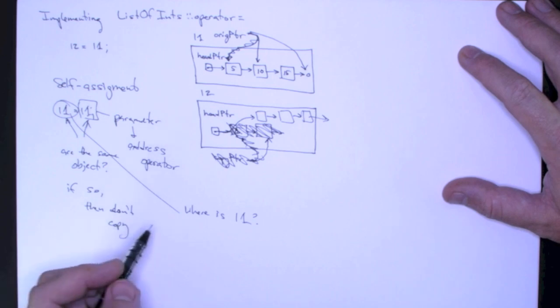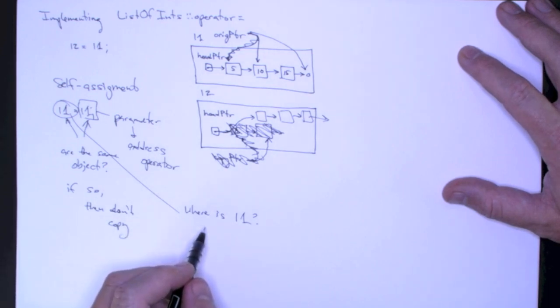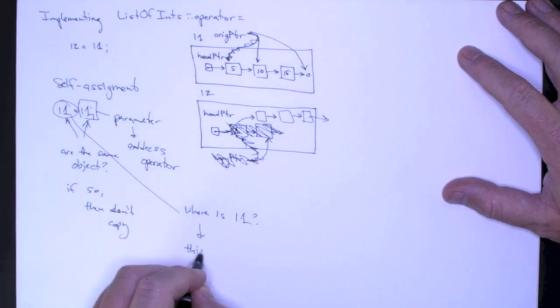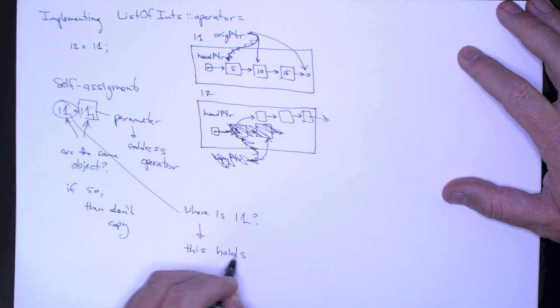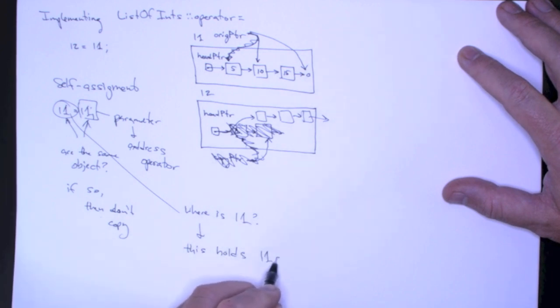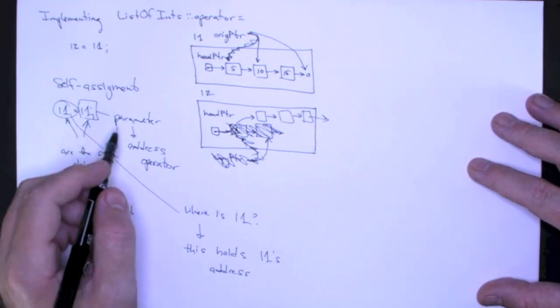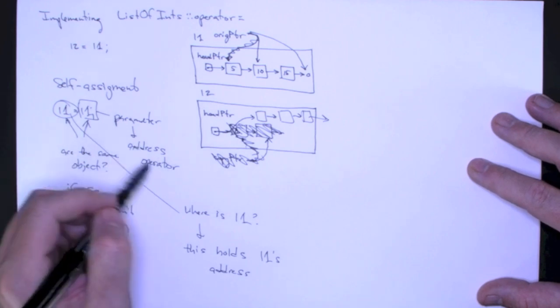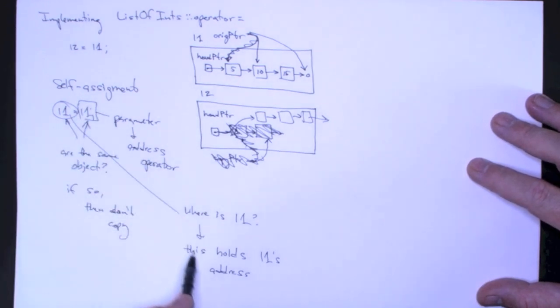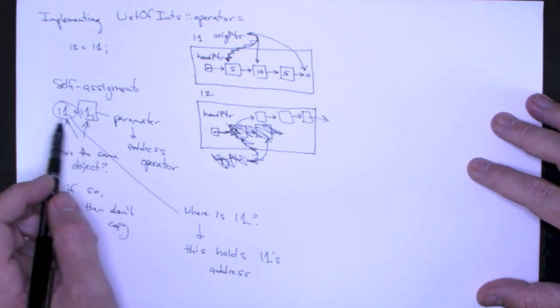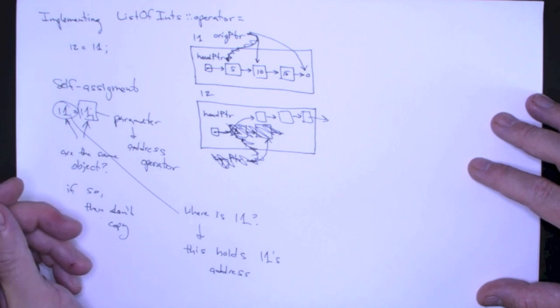So where is L1? How do we know where an object is in memory if we're in the scope of the class? Well, the this pointer. This is going to be a good use of the this pointer. We can compare the address operator applied to the parameter with the address that this holds. If those are equal, the same address, that means it's the same object.